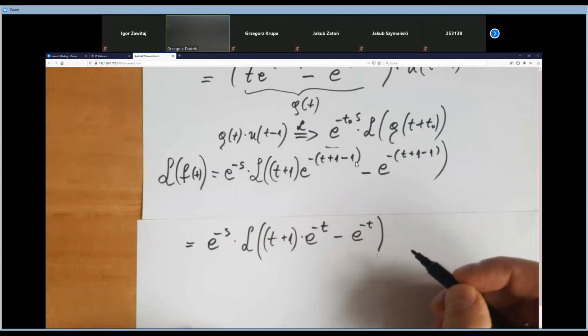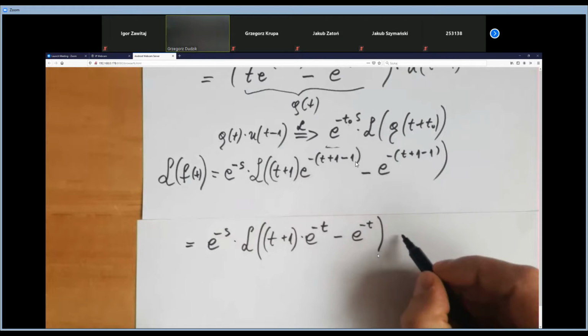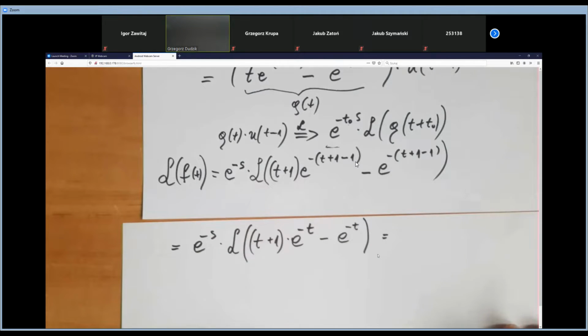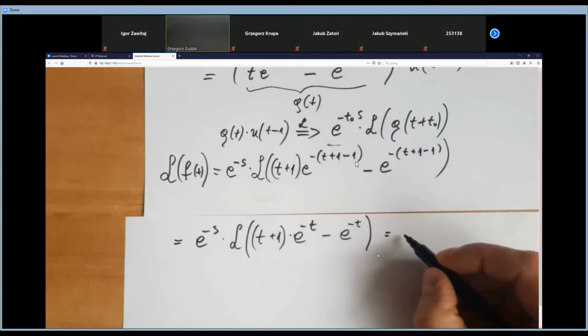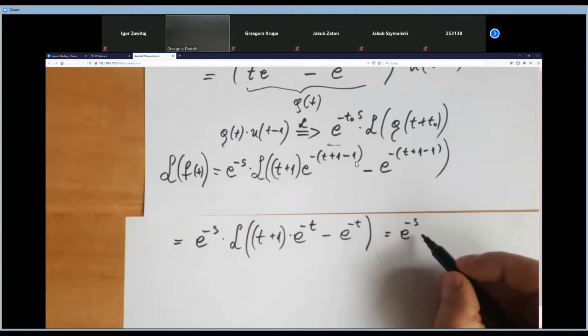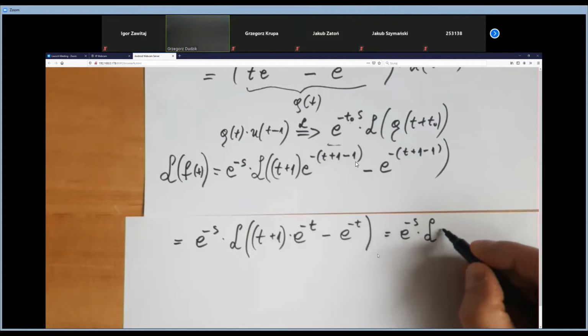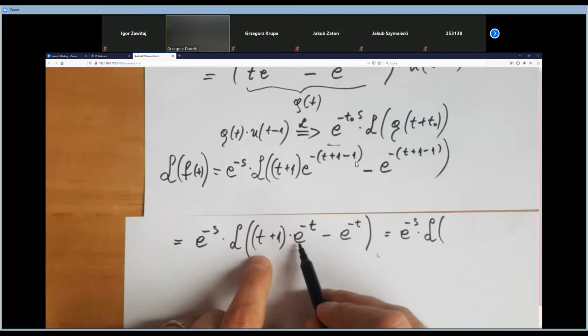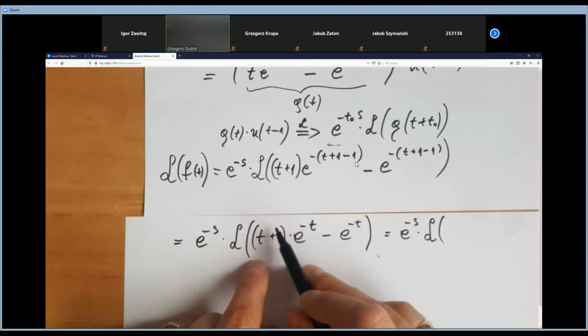Okay, great. So this is equal to e to the power of minus s times the Laplace transform of, let's multiply the e to the power of minus t by this bracket, t plus 1.